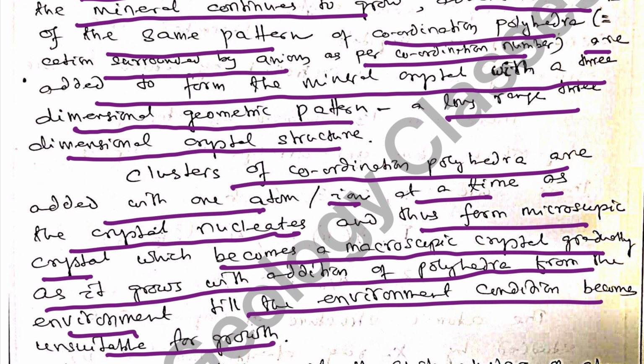So in the environment, the atoms are available, molecules are available. These atoms and molecules take part in the formation of the crystal structure till these atoms or molecules are made available for the growth of the crystal.